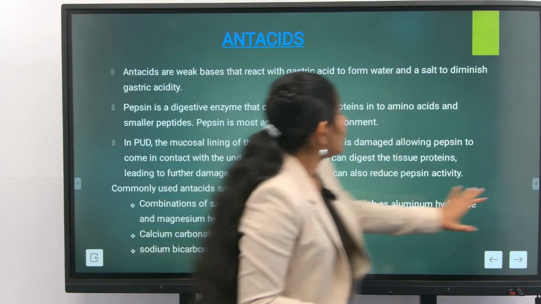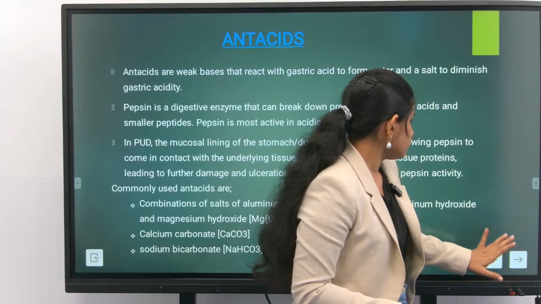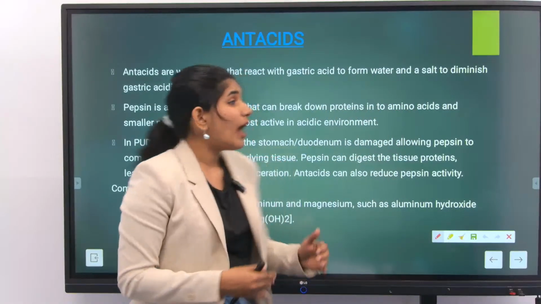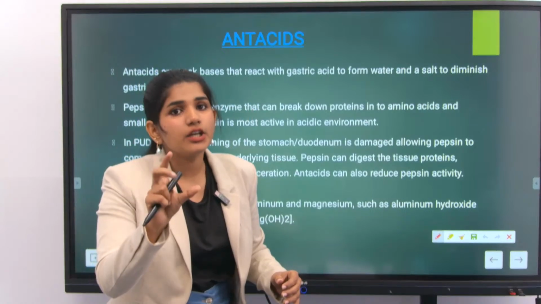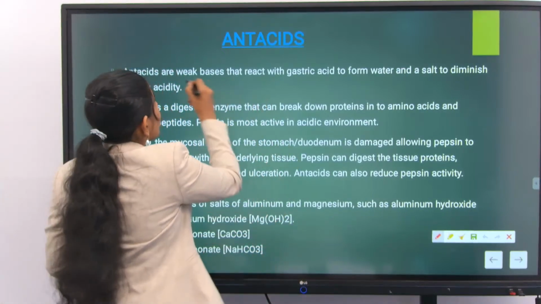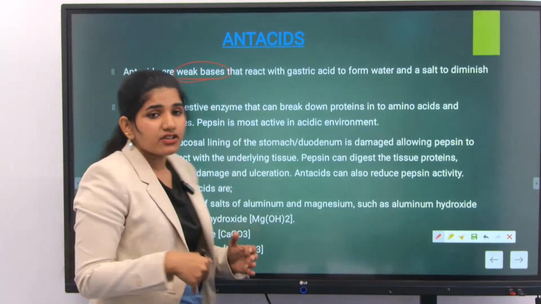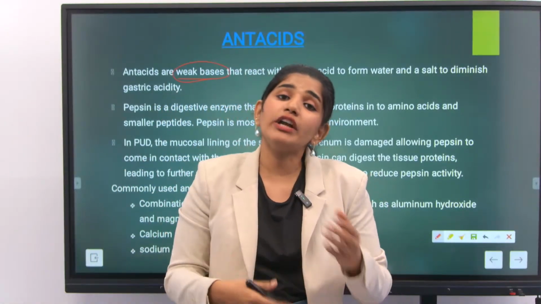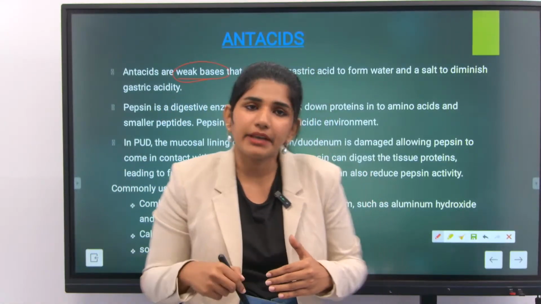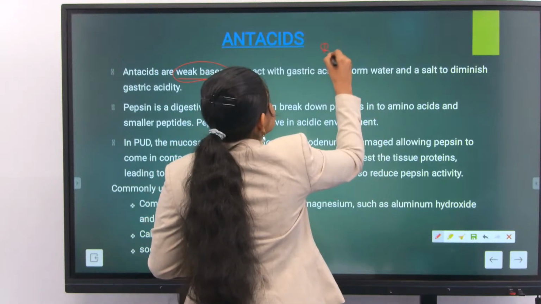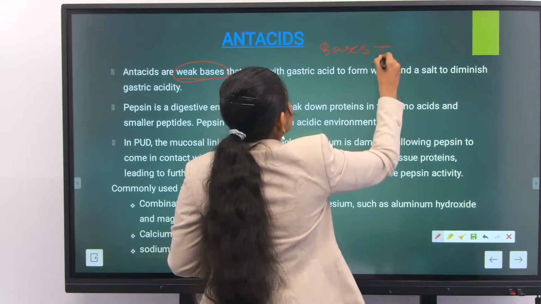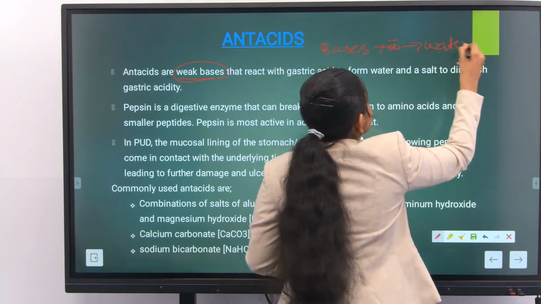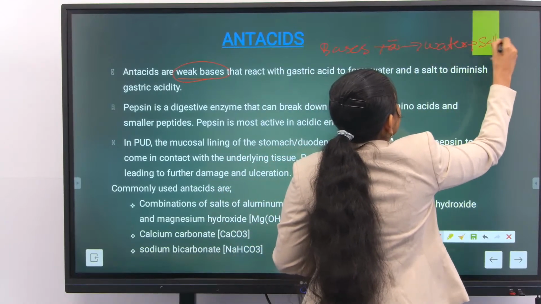Next, we are going for the antacids. So what are antacids? Antacids are actually weak bases. In a hypersecretion of hydrochloric acid condition, if we give these bases, they react with the gastric acid and form water and salt.